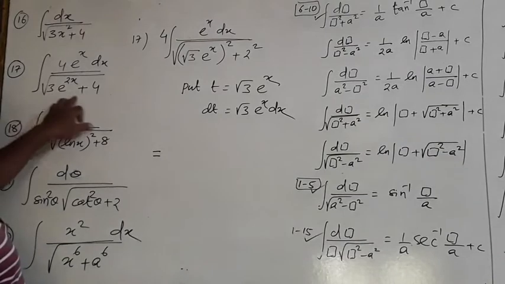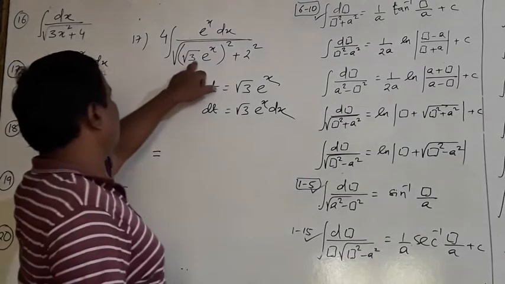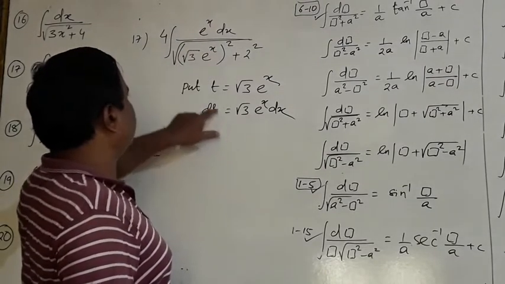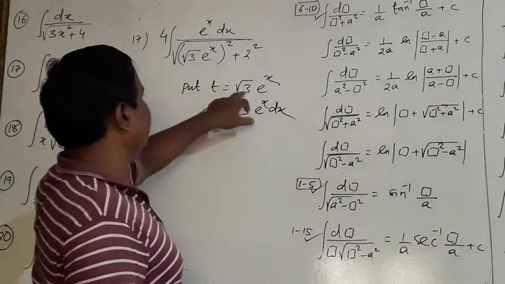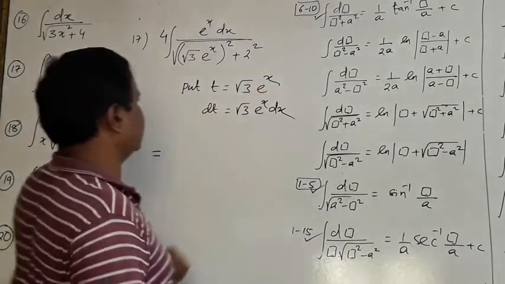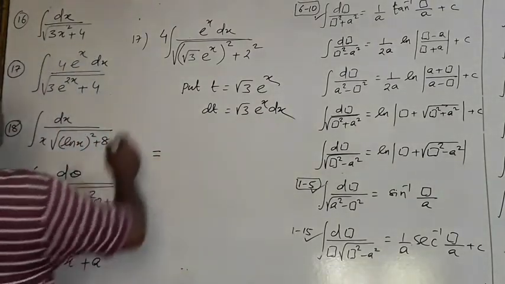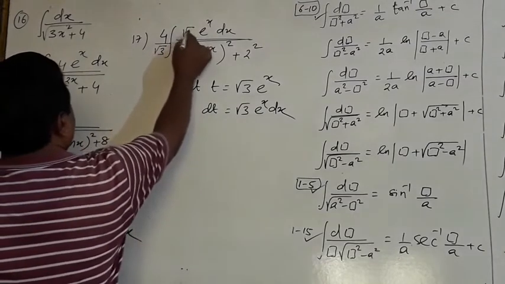Now in the denominator it is 3 e to the power 2x, which is the whole square of root 3 e to the power x. Its derivative is root 3 e to the power x dx. So taking t is equal to root 3 e to the power x, its derivative is root 3 e to the power x dx. Now what we have to do? We have to divide by root 3 and multiply by root 3.